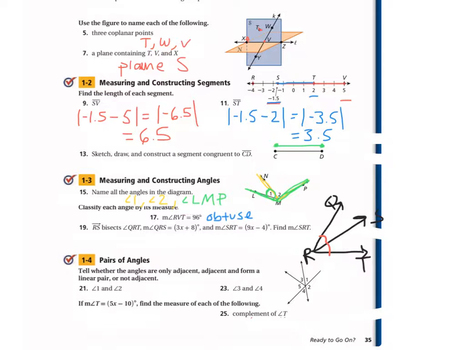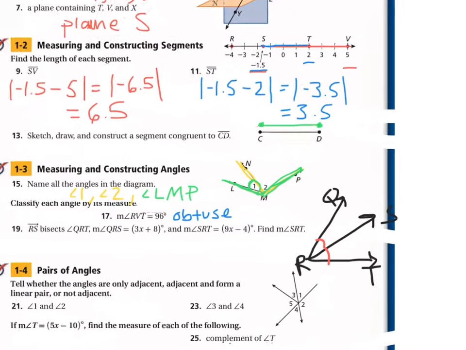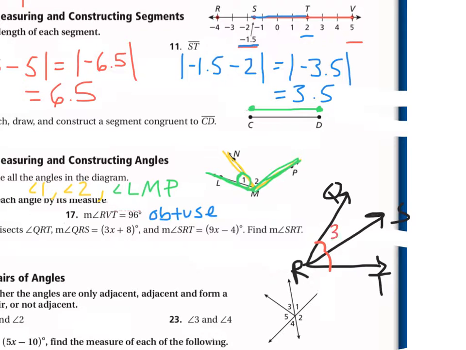And we know QRS, so the angle that's on top is 3x plus 8. And SRT, which is the angle on bottom, is equal to 9x minus 4. And we have these arc marks here, so we know that these two angles are equal to each other.